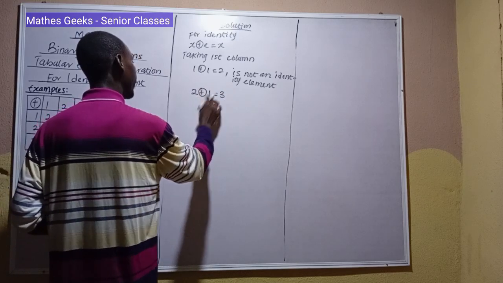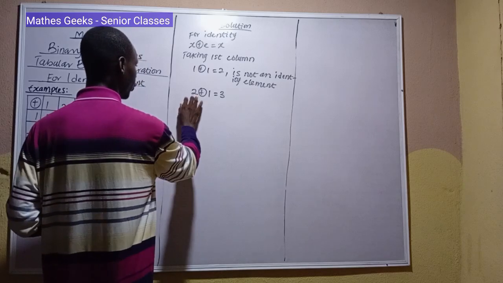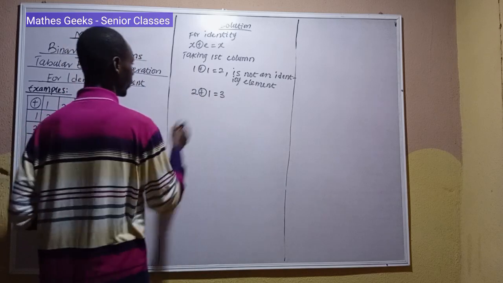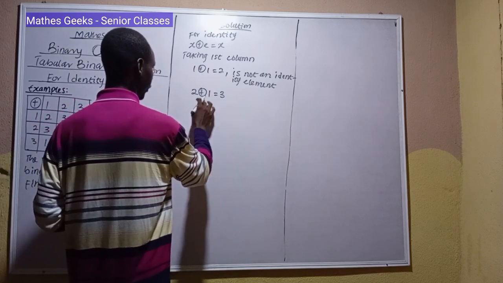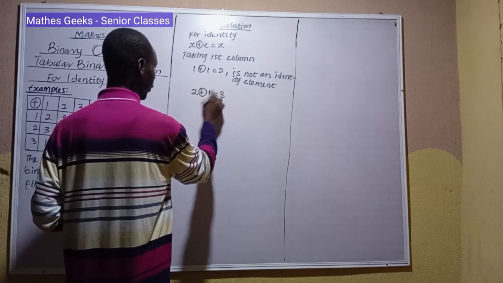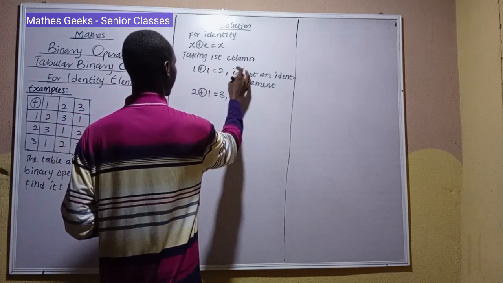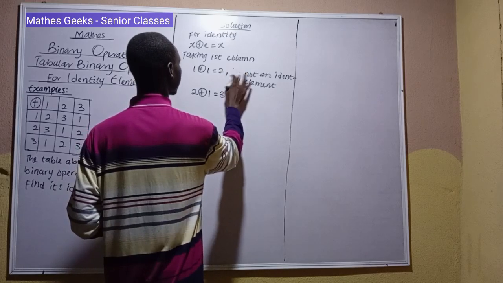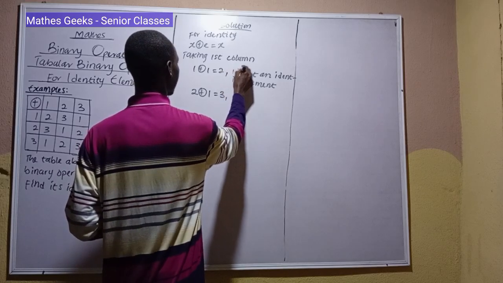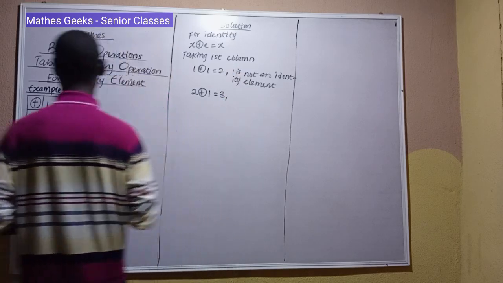If 1 were an identity element, it would have given us 2 back, but because it didn't give us 2, that shows that 1 is not an identity element.